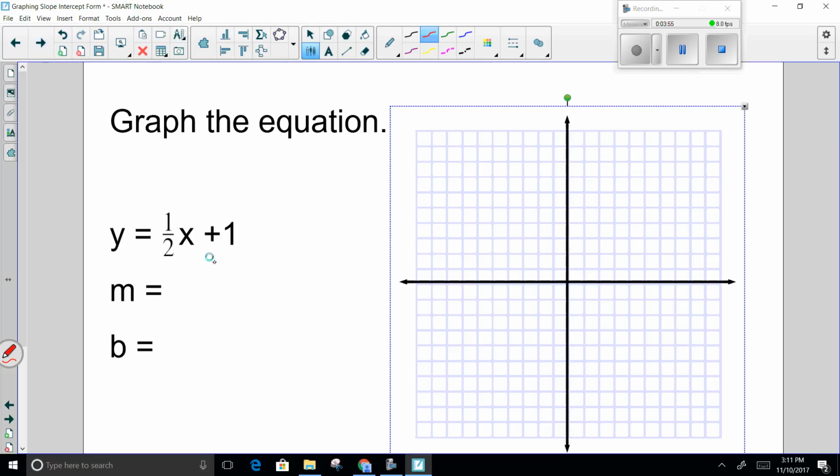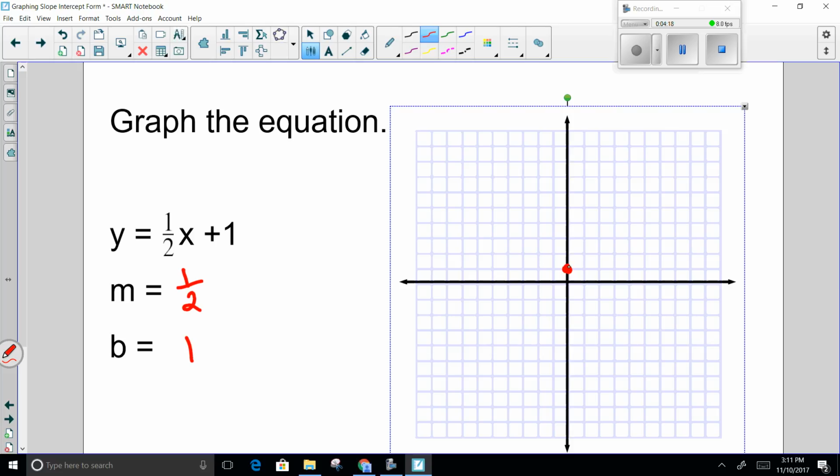Okay, here the slope would be 1/2. The y-intercept would be 1. We haven't dealt with fractions yet. Doing the tables, we had to make sure we picked the right ordered pairs or right numbers to plug in so we could avoid the fractions. The fraction 1/2 is actually really easy to deal with in the slope-intercept form. 1/2 is the slope. The y-intercept is 1. So we go to the y-intercept of 1.